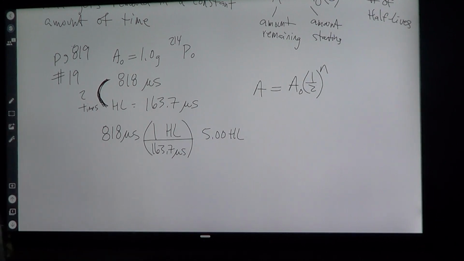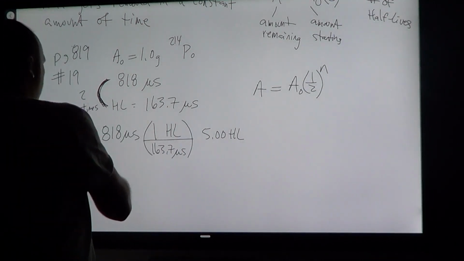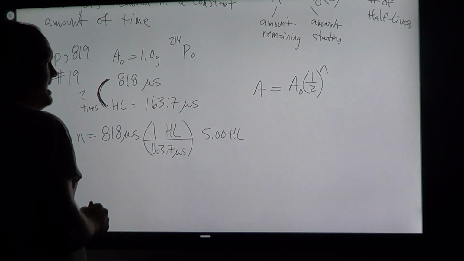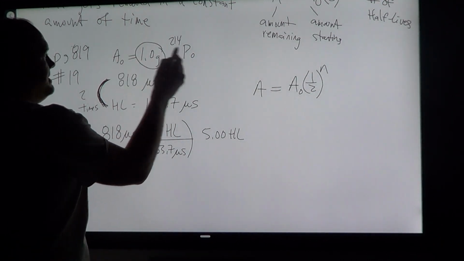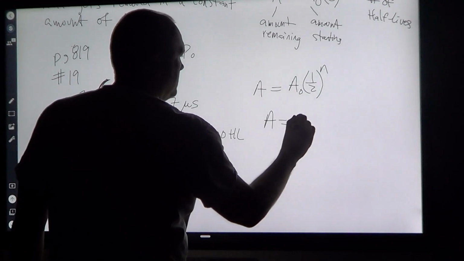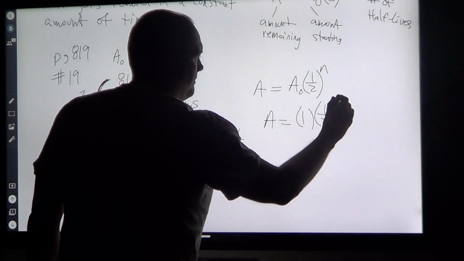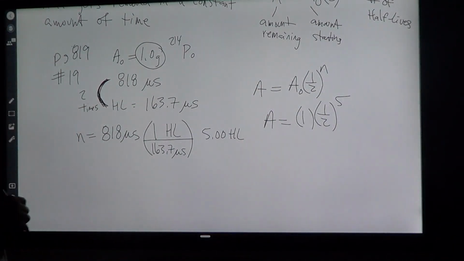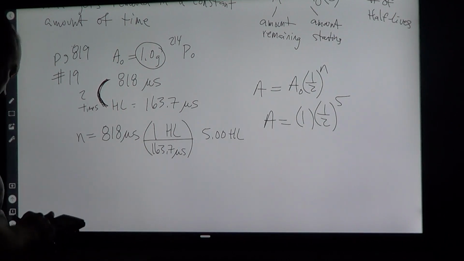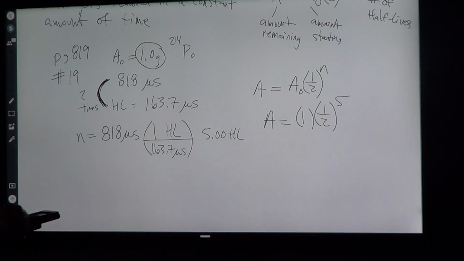Okay? So now this number is N, that number is A0. Okay? And 1/2 to the 5th power should be 32 times smaller. So it should be 1 times 1/2 to the 5th power.